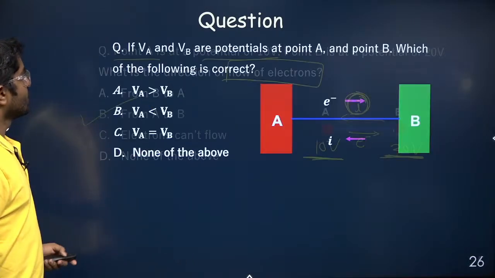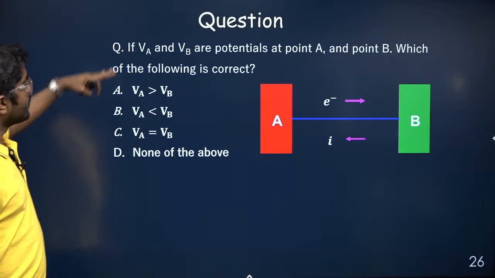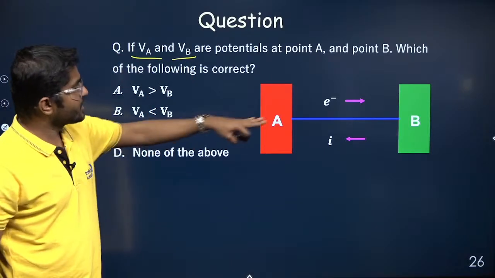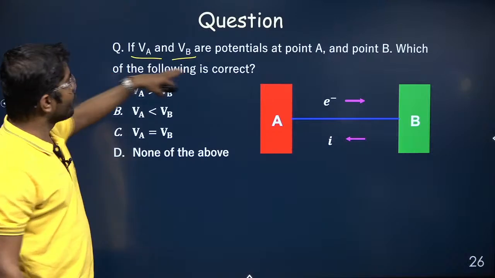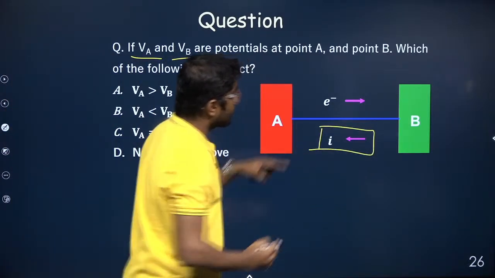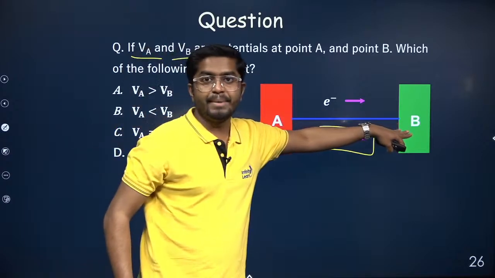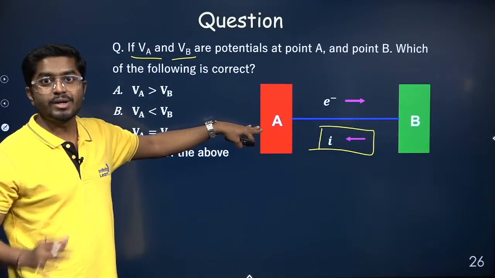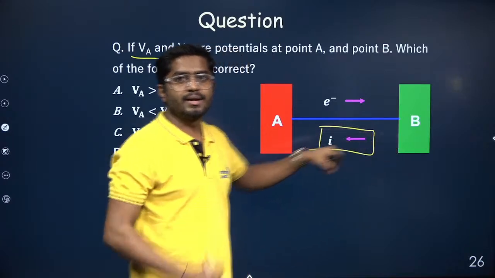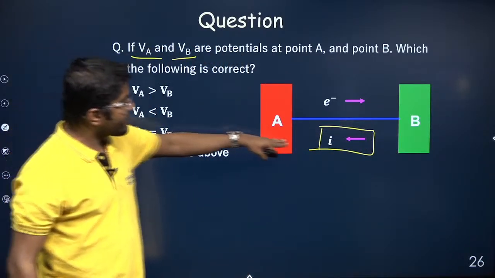Great. So now, there are 2 points, VA and VB. Which of the following is correct? You see here, current is flowing from B to A. So what does it mean? What is the direction of current?